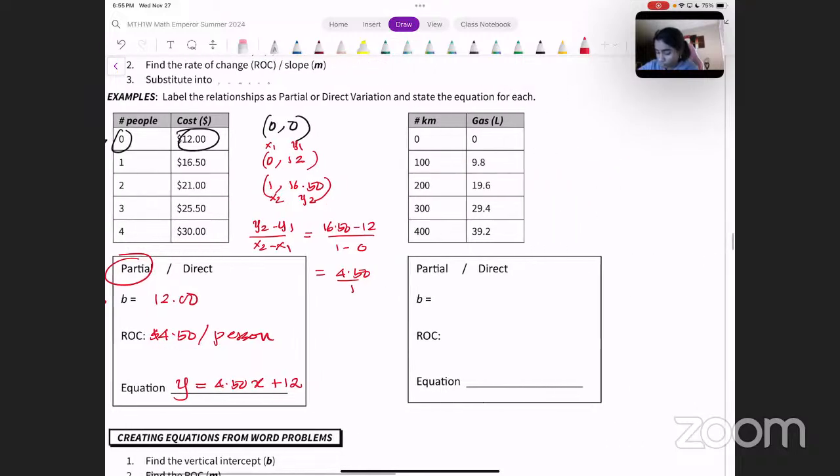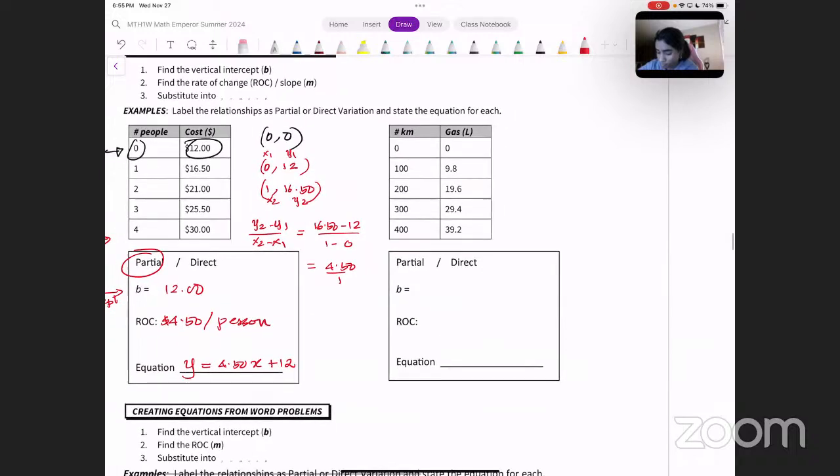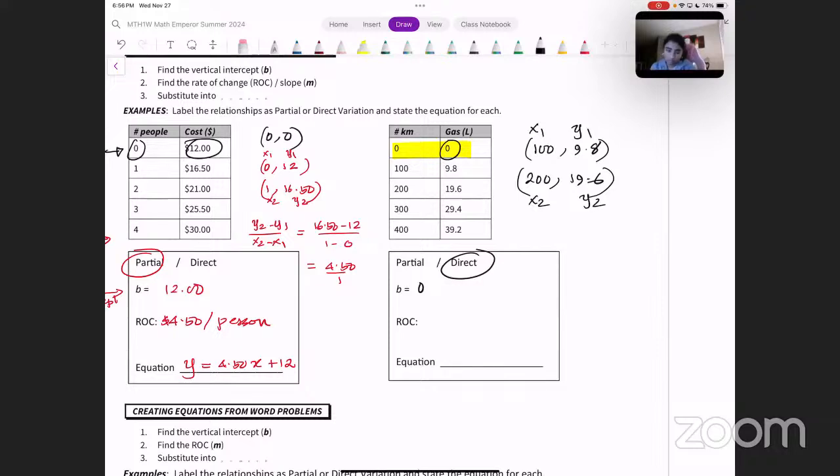All right. I can do this example. So this one, I'm looking at the table. I got 0, 0. So that means it's supposed to be direct. So when x is 0, if y is 0, my b value is 0. How do I find a rate of change? I can choose 2 points. Let me choose these 2 points a little differently. x1, y1, x2, y2.